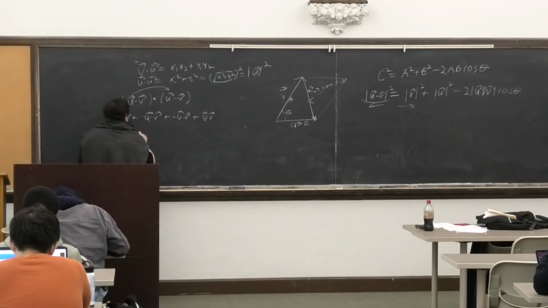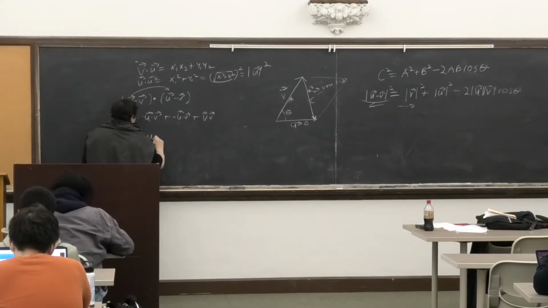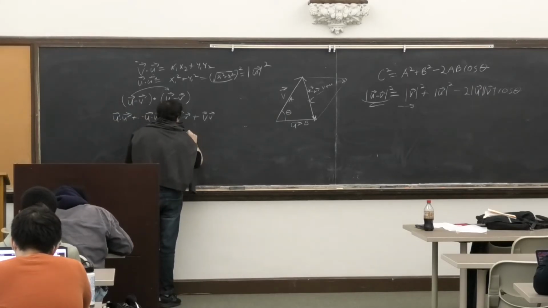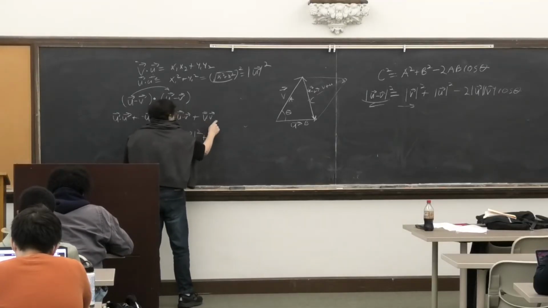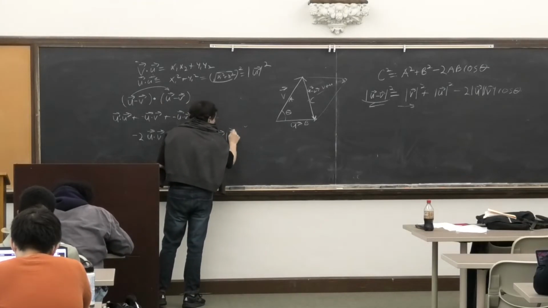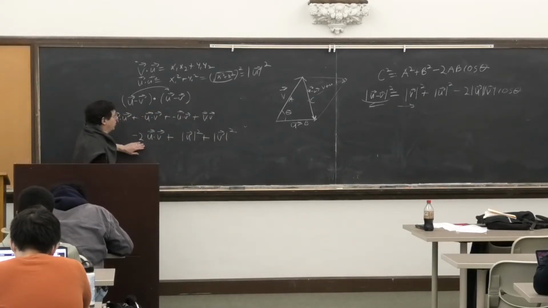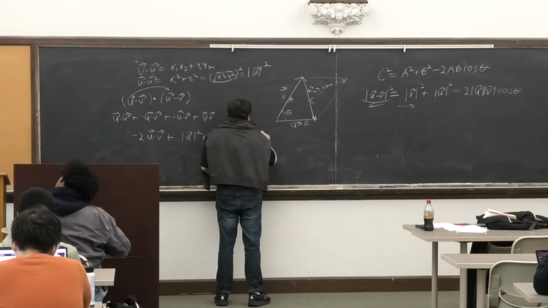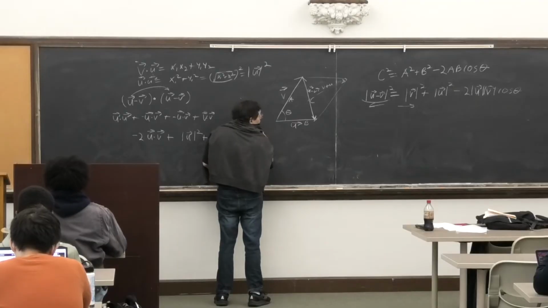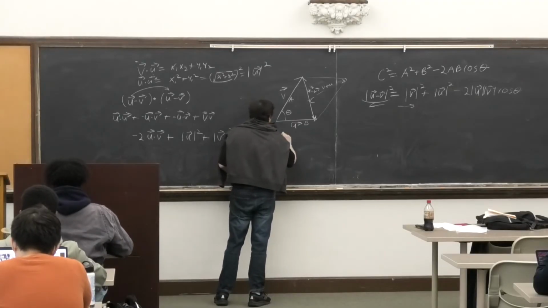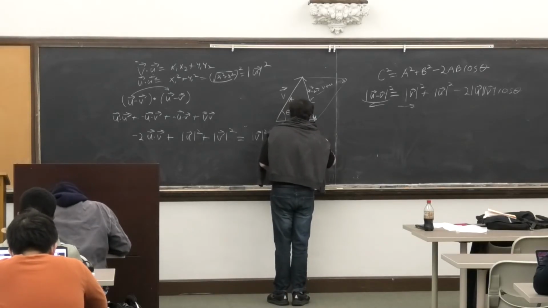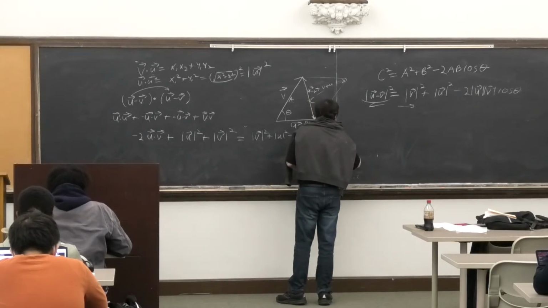Okay, so this is minus 2 times u dot v plus, well, u dot u is the norm of u squared, and v dot v is the norm of v squared. So this is the left side of that equation. So I'm going to write the right side down here. It's the norm of v squared plus the norm of u squared minus 2 times the norm of u, norm of v, cosine theta.